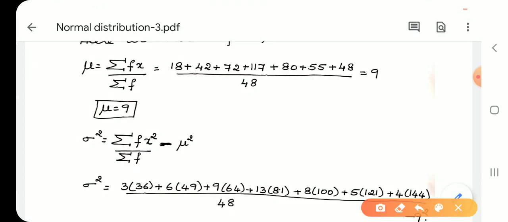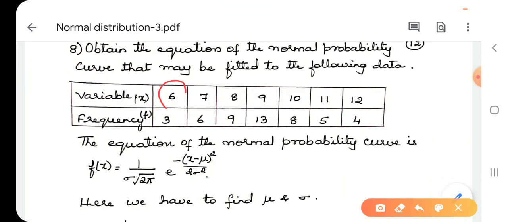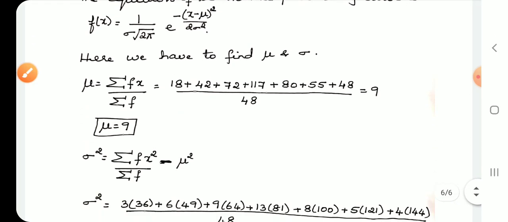Next, to find the variance sigma square, the formula is sigma f x square by sigma f minus mu square. Here f x square is nothing but the product of f and x square, that is 36 into 3, 49 into 6, 64 into 9 and so on.